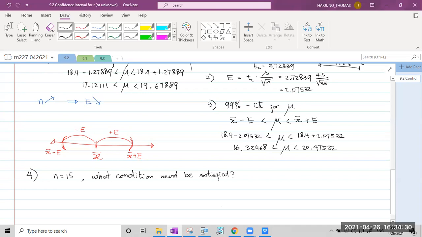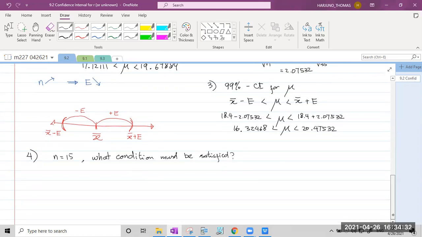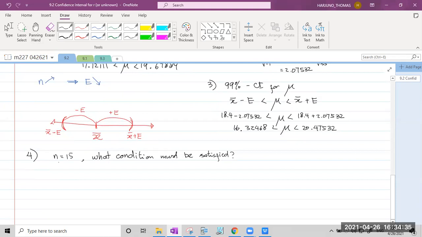And the answer is the following. Our model or procedure depends on central limit theorem. So this procedure applies not only for this 9.2, but also for the model we have before.